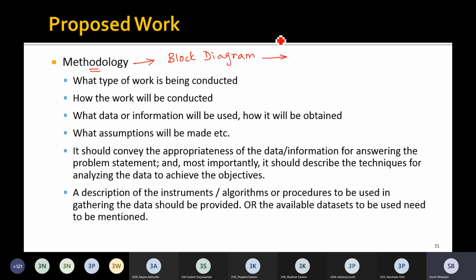Every task is associated with some kind of algorithm, so you should write which algorithms you have identified and are going to implement. What is the data set available, or if you are going to prepare your own data set, how you are going to prepare it. If you are making use of an available data set, which data set you are going to use. Everything needs to be clearly mentioned.